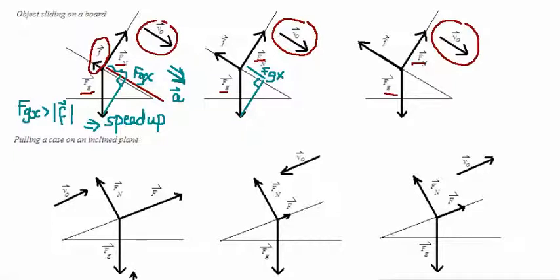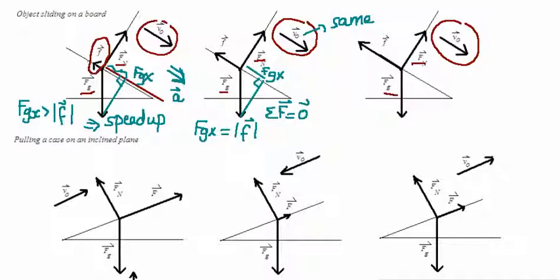And if you do that really carefully, you will notice that in this case, FGX is the same as the magnitude of the friction force. So in this case, the net force is 0. There is no acceleration, so the velocity stays the same.